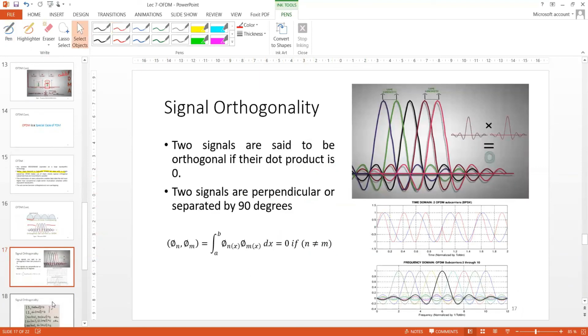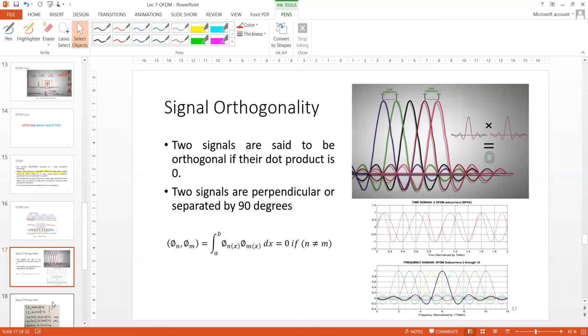So what is the concept of orthogonality, and how does orthogonality enable the user to transmit more information by closely spacing or closely placing the subcarriers with one another? So what is orthogonality?